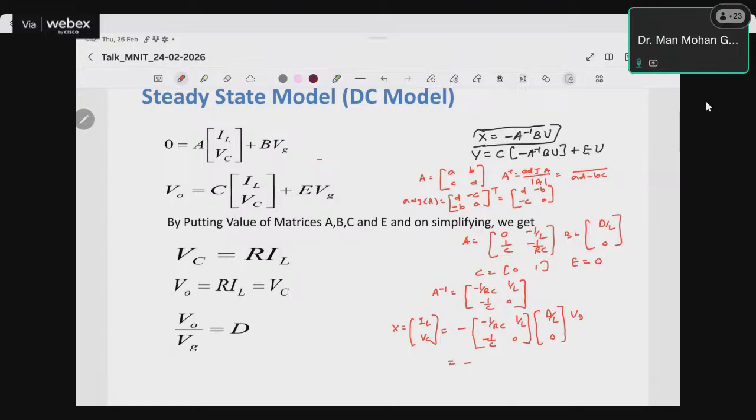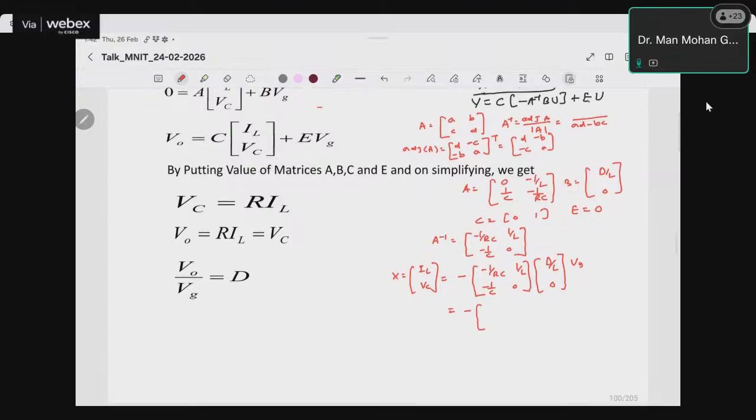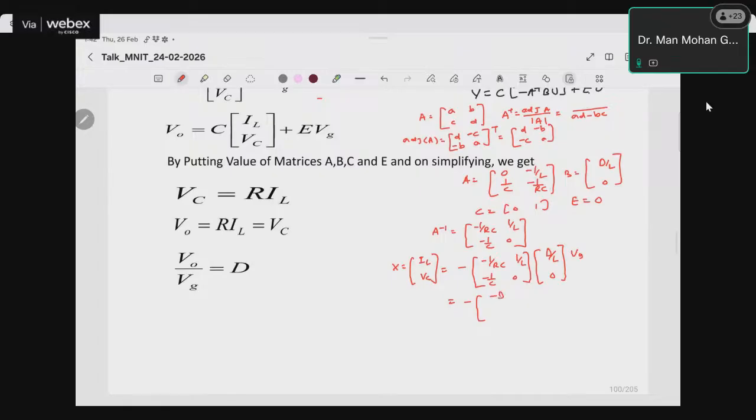So take the minus here. Now we multiply this. So this is minus D upon RLC, 0, and in the denominator it is minus D upon LC, into Vg. So it gives us the value dVg upon RLC, and this is dVg upon LC.